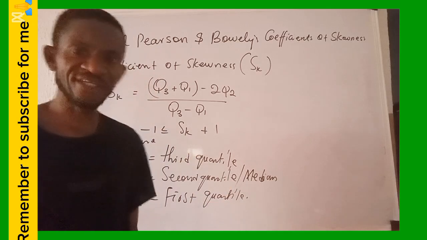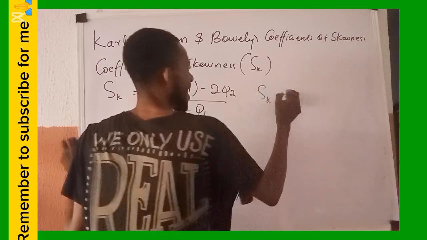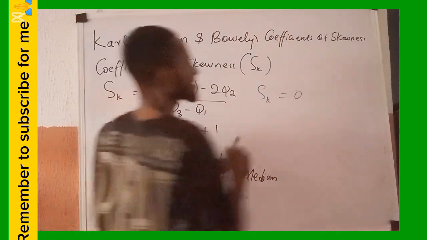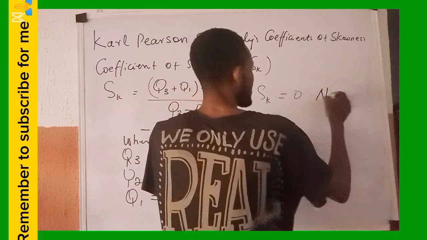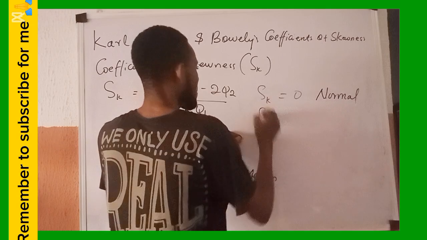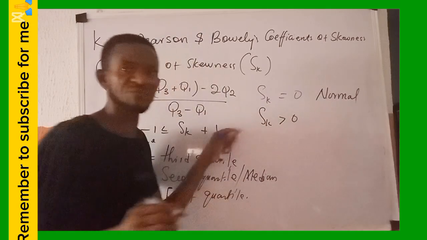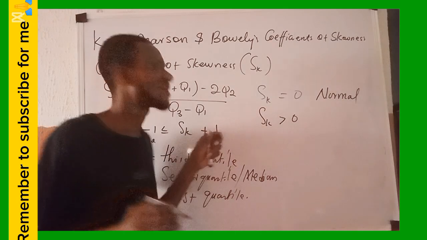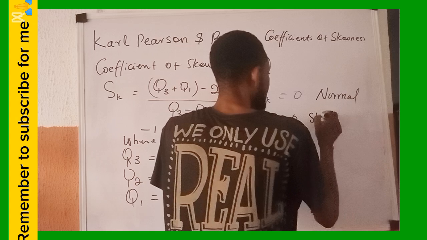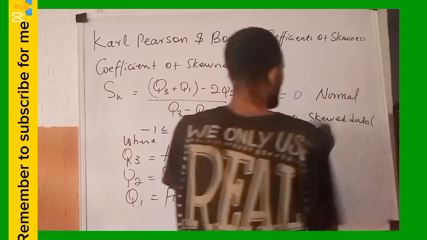What do I mean by this? When we calculate S subscript K and the value becomes 0, we say that our data set is normal. But when we calculate S subscript K and it becomes greater than 0, it means it is a positive quantity, and we say the data is skewed to the right.